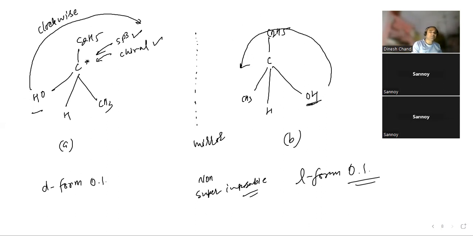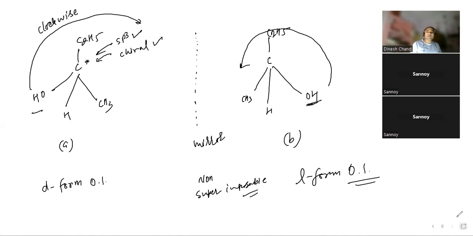Here is the left side, so it will go right. Done.